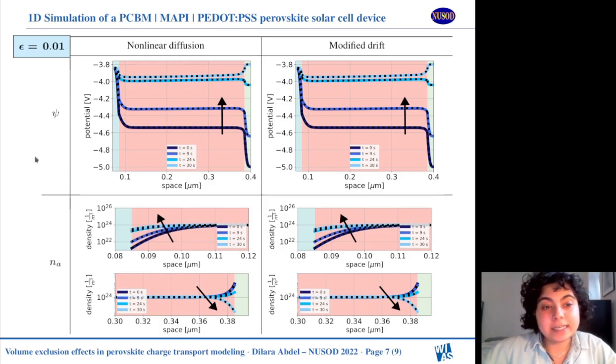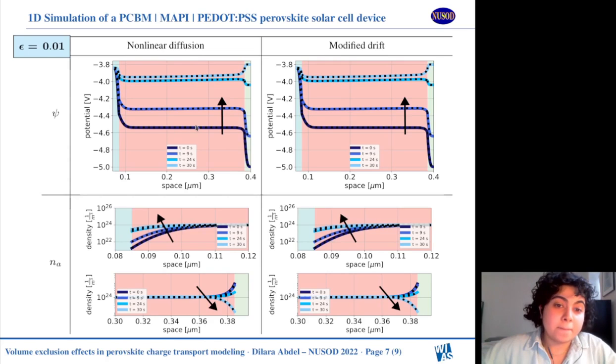We see here in the first row the evolution of the electric potential within the perovskite layer highlighted in red, whereas in the second row we have the evolution of the vacancy density. The first column corresponds to simulations of the model based on the nonlinear diffusion current density, and the right column corresponds to solutions of the model based on modified drift.